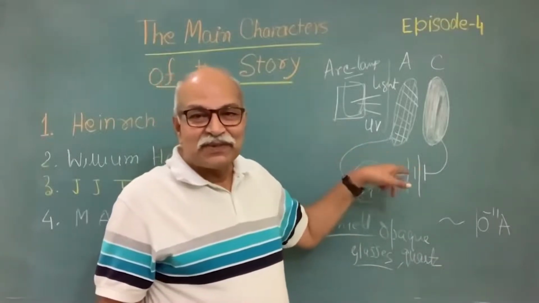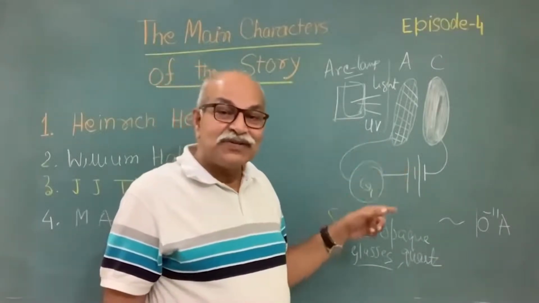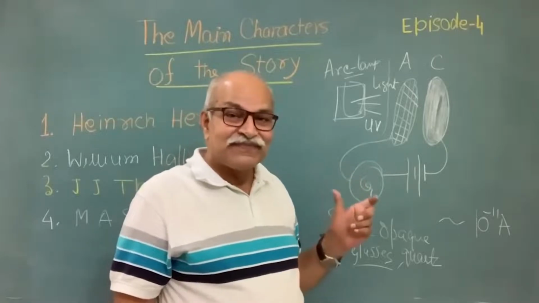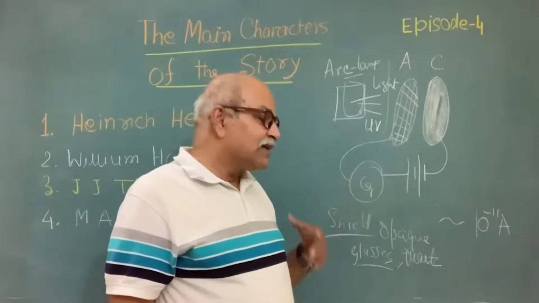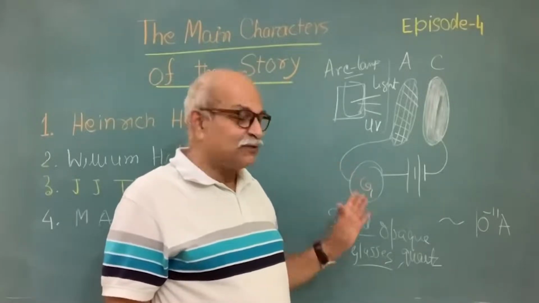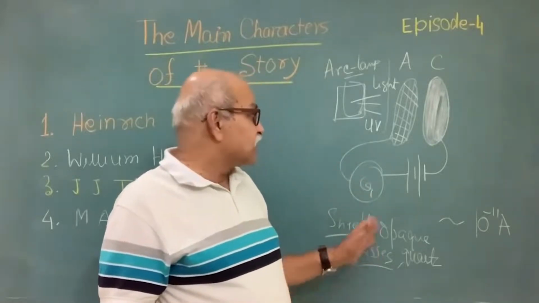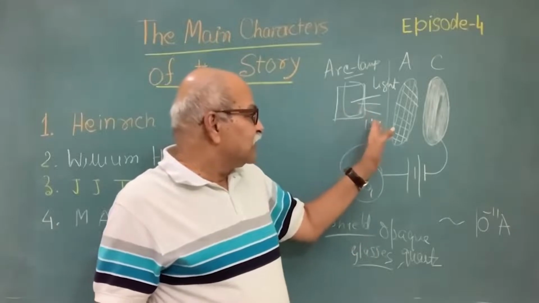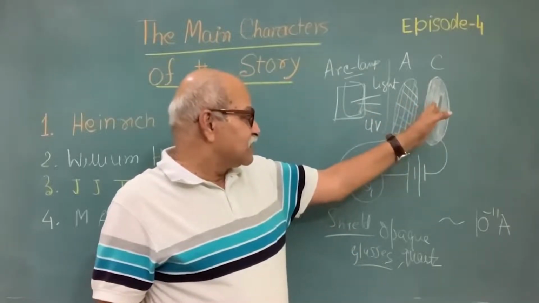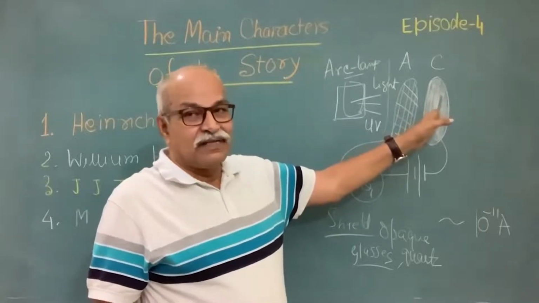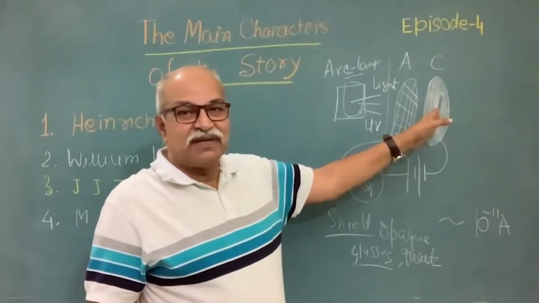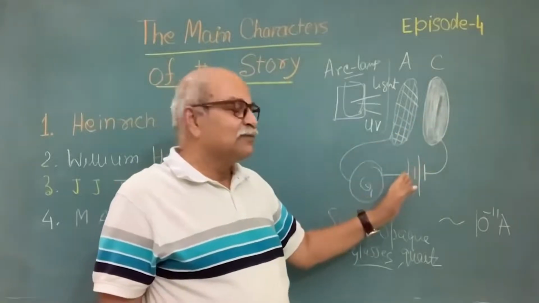So we have already talked about it. Quartz does not absorb UV. Normal glass will absorb it, and therefore normal glass, although it is transparent, will stop UV, and since the metal here is not appropriate for ejecting electrons with visible light, there is almost no current.